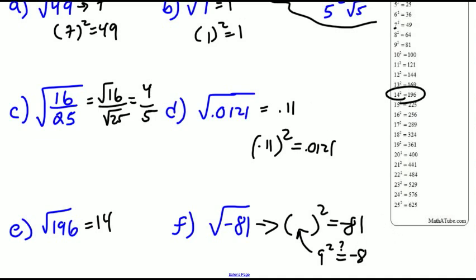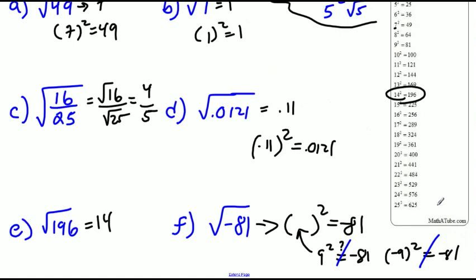Is that true? Well, no, right? That's false right there. And if I try negative 9, what's negative 9 squared? You square the whole thing in here. Well, negative 9 squared, is that equal to negative 81? Oops, 81 right there. Is negative 9 squared equal to negative 81? And again, that answer is also false.